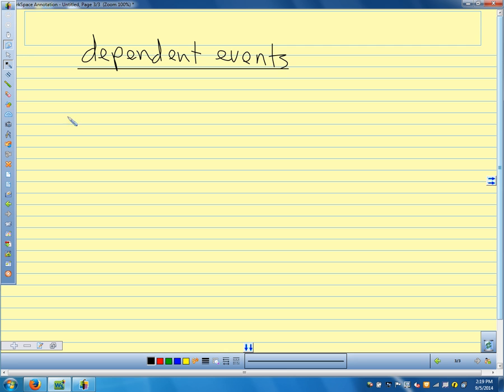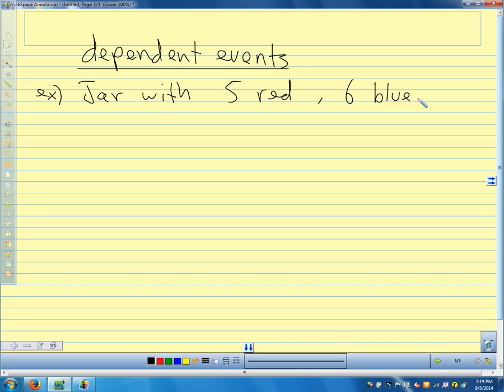So let's say we have our jar with 5 red and 6 blue marbles. We're going to draw a marble without replacement. So that's one way that they'll tell you, don't put it back. Draw without replacement.